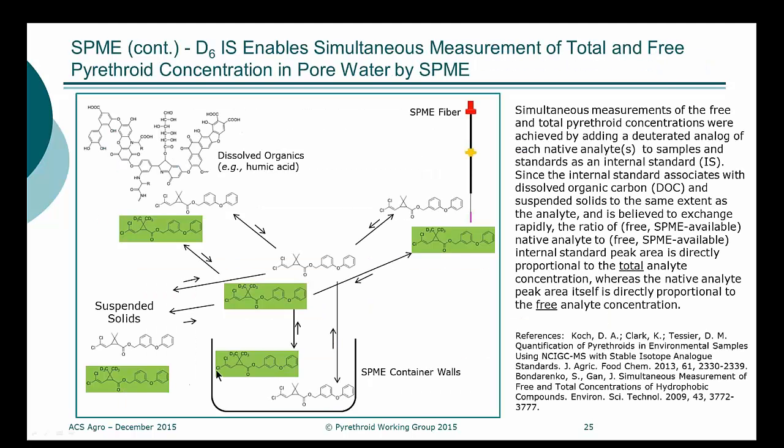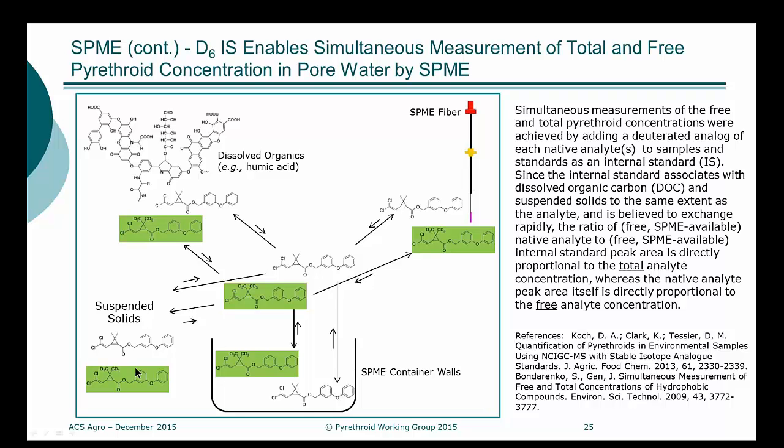The slide simulates the autosampler vial that I showed in the previous slide. Here's an example of a pyrethroid and the deuterated pyrethroid. We get interaction between these two compounds on the container walls of the SPME vial, which, if you work with pyrethroids, you know, they're going to come out of the water system and adhere to the walls.